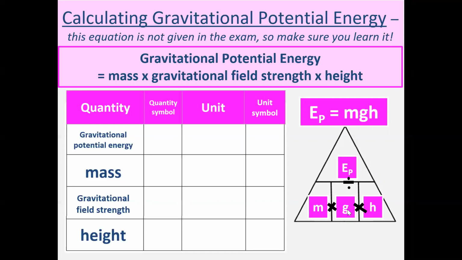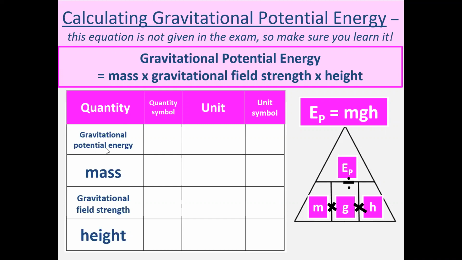But if you wanted to find, say, for instance, gravitational field strength, you would cover up gravitational field strength g here. And if you covered that up, you would see that you are left with gravitational potential energy divided by mass times height. So a formula triangle makes that rearranging a lot easier. And we're going to have some practice of these questions a little bit later in this tutorial.